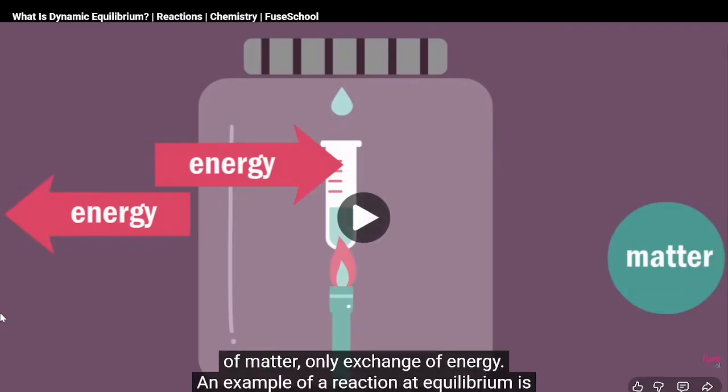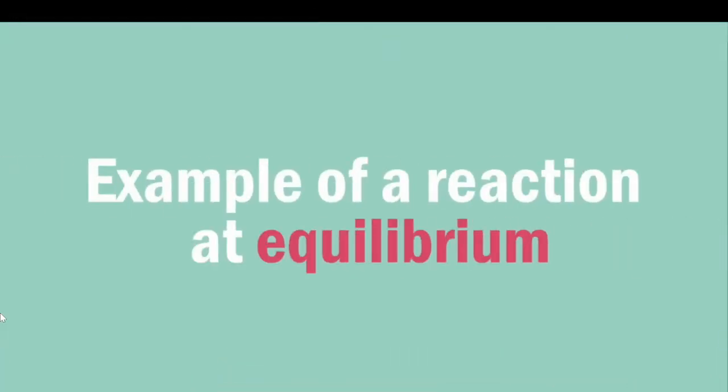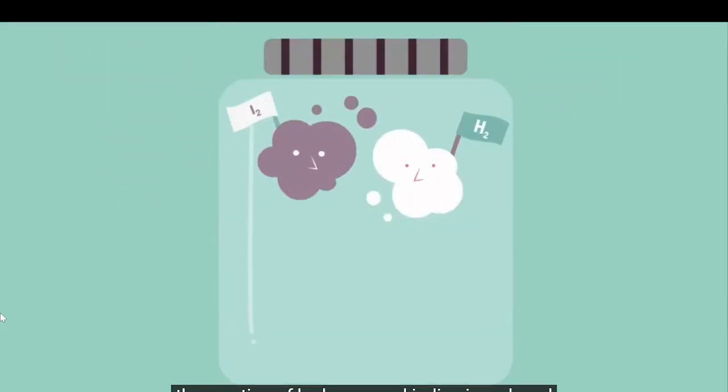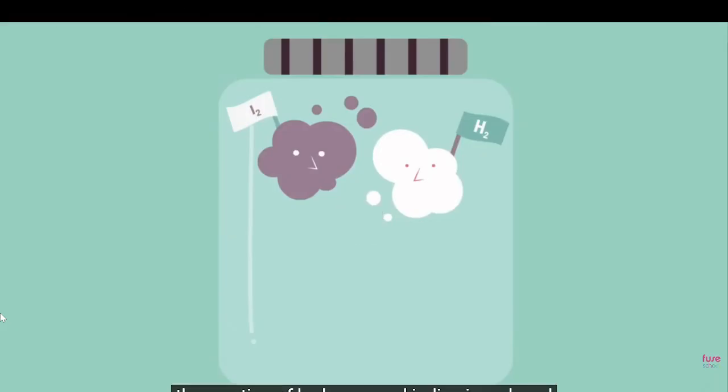Okay? An example of a reaction at equilibrium is the reaction of hydrogen and iodine in a closed container. Can you guess what those would make? Hydrogen iodide, HI. Okay? So right now, all we have is reactants. Yes?